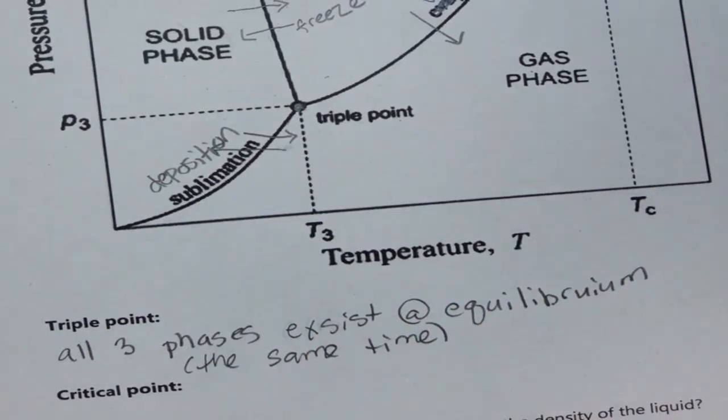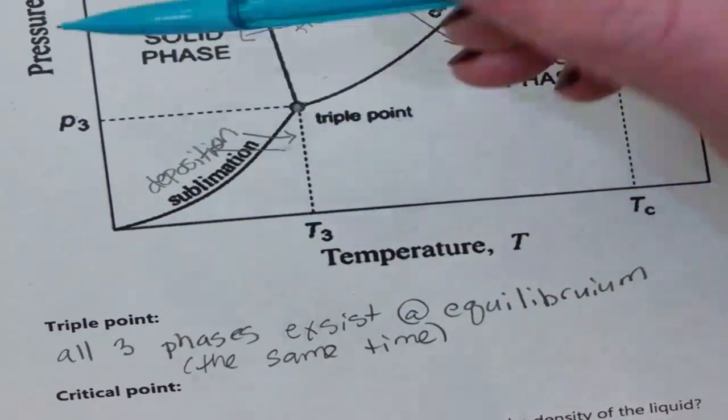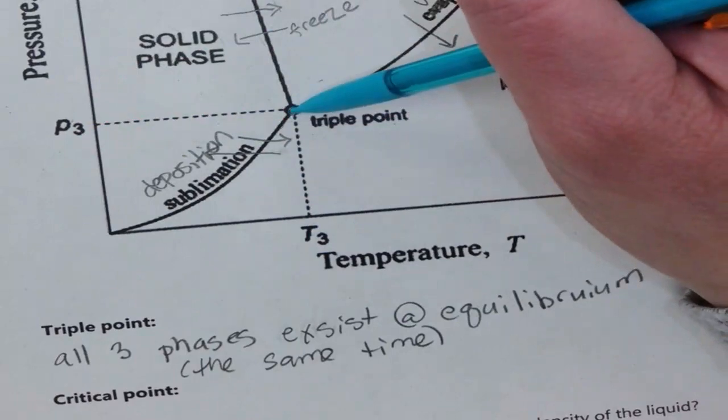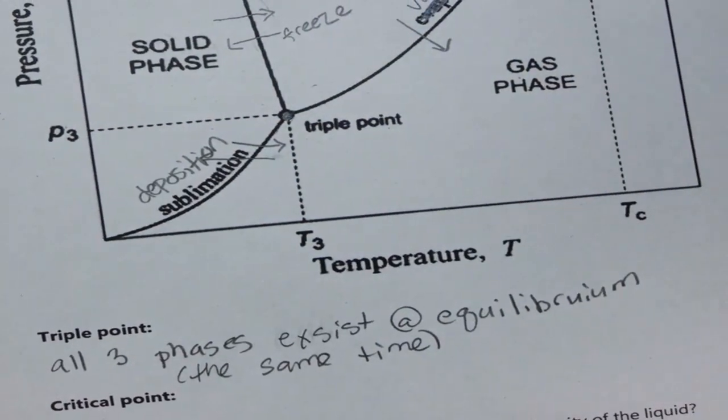And this only happens at a very specific temperature and pressure. P for pressure, T for temperature. So this is the pressure and temperature at which we can have a solid, a liquid, and a gas all at the same time.